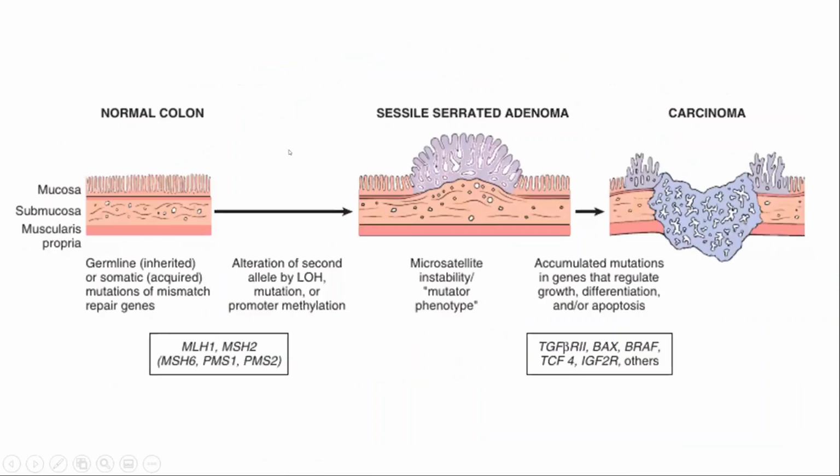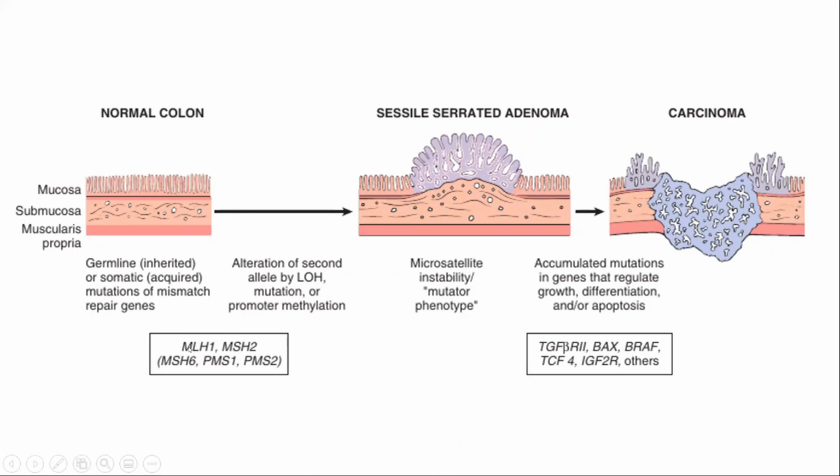Okay, this is another, simpler illustration to show you the molecular changes in mismatch repair, where we talk about germline inheritance like in Lynch syndrome, and sometimes they can have acquired mutations of the mismatch repair genes.